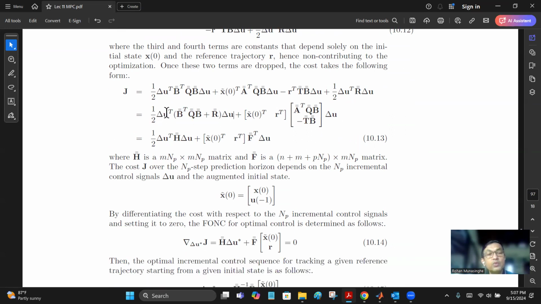Now, the one with delta U transpose and delta U is very important.